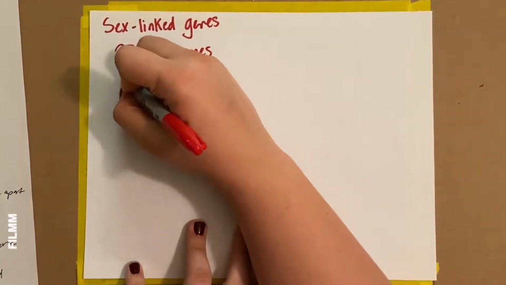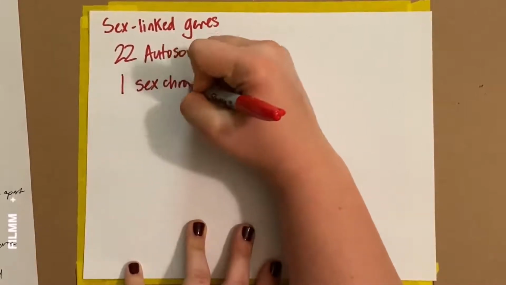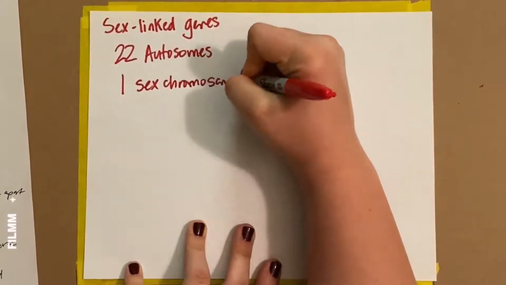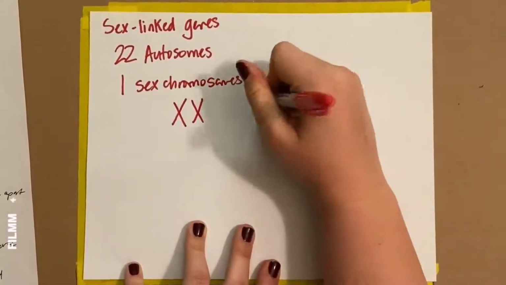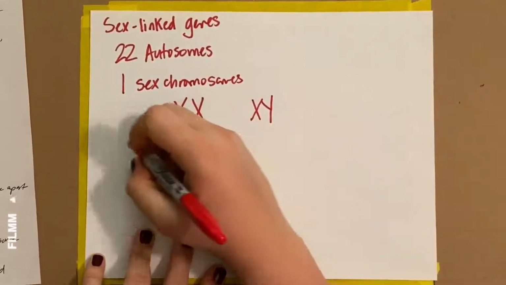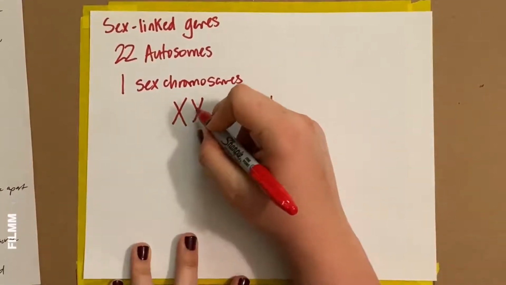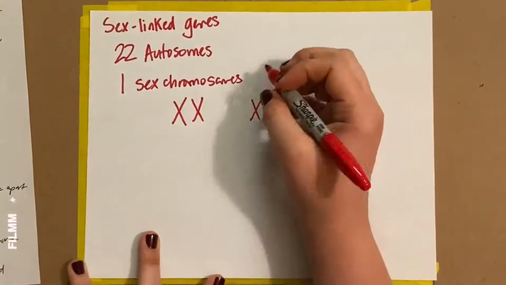But we have one set called sex chromosomes, so that all adds up to 23. We can have XX and XY, and there are certain genes usually located on the X chromosome that are linked to different diseases.